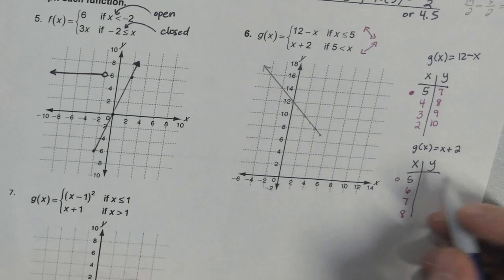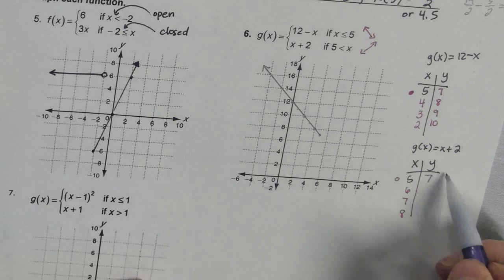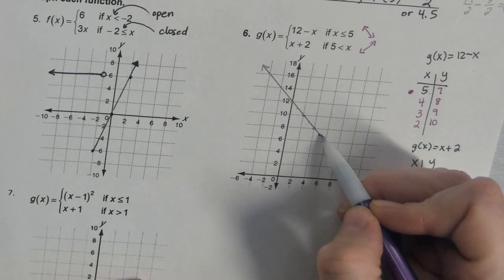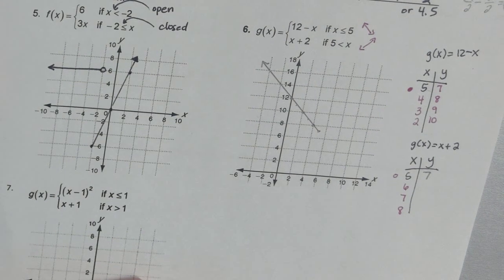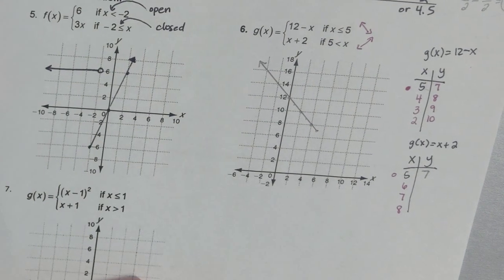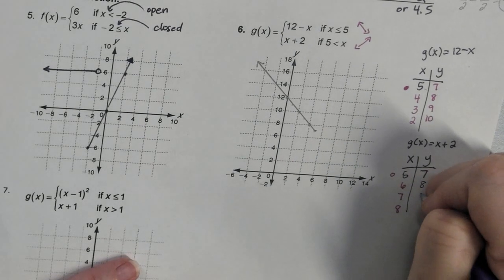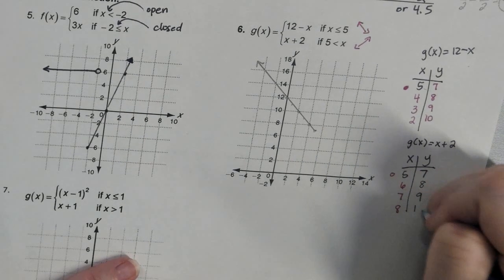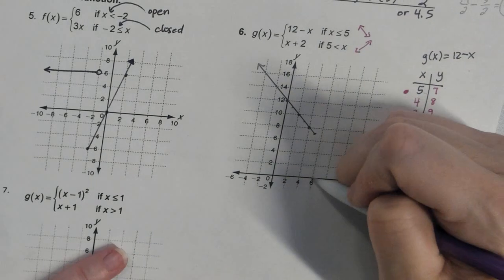Now when I plug in 5 here, I get 7, and this is the same point as this. If you have an open circle and a closed circle at the same place, what do you do? Keep it closed, okay? So this is going to be 8, 7 is 9, 8 is 10. Okay, and then you're just going to plot these.